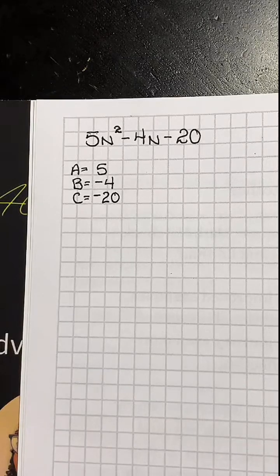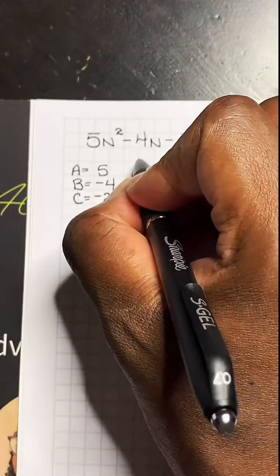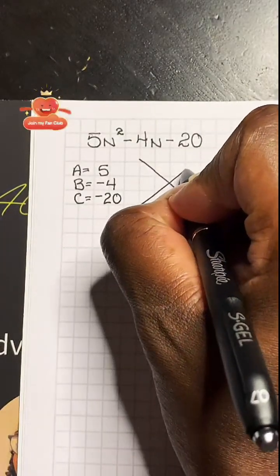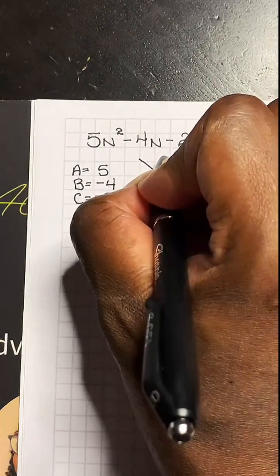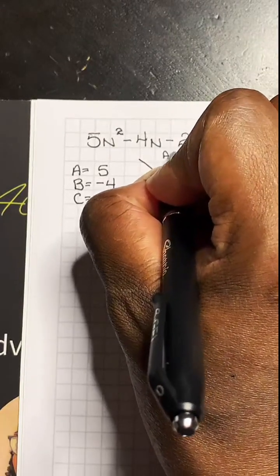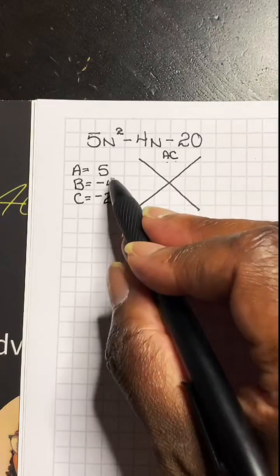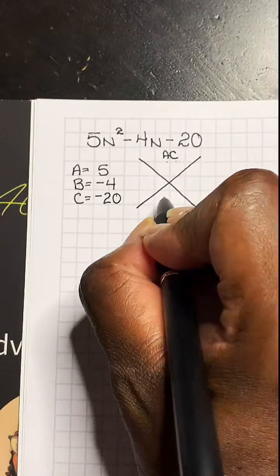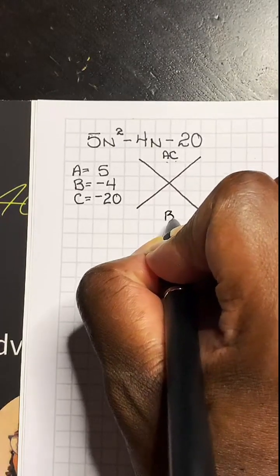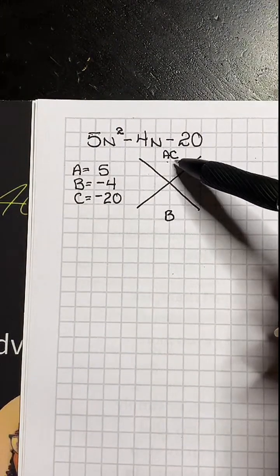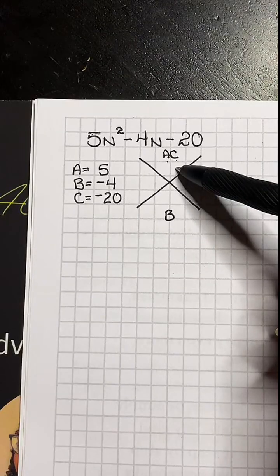So now, the next step, we're drawing our cross. What's going to go up in this section is when you multiply your A and your C that we just listed. What goes down in this section is our B. So AC will give me what?